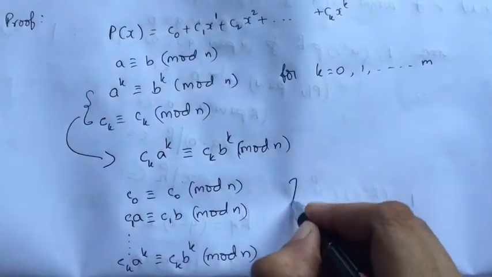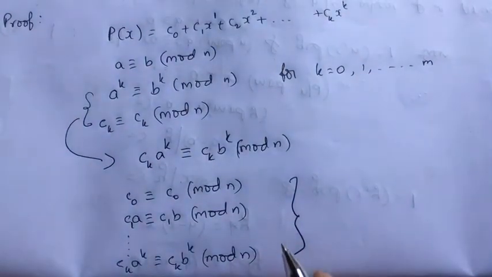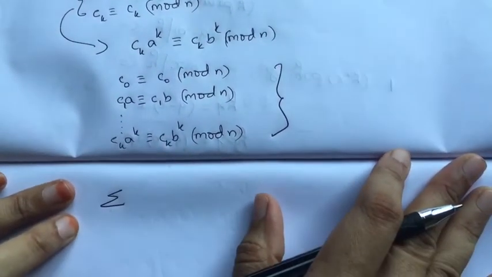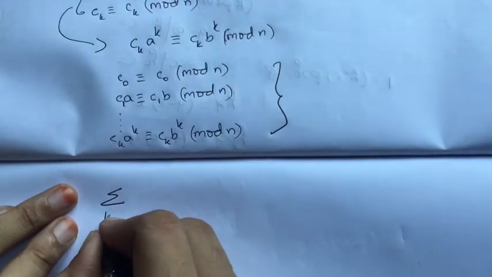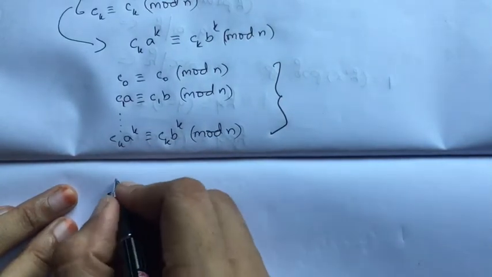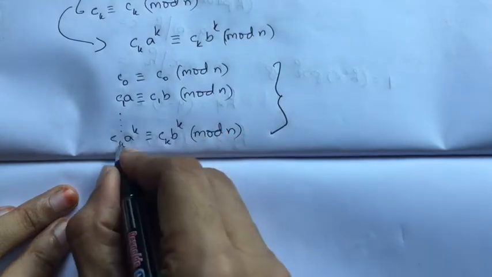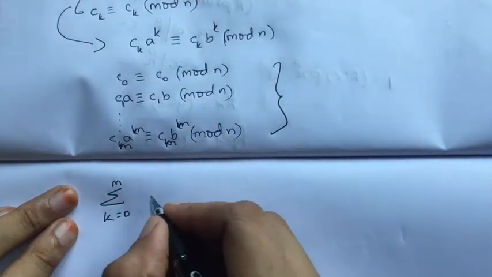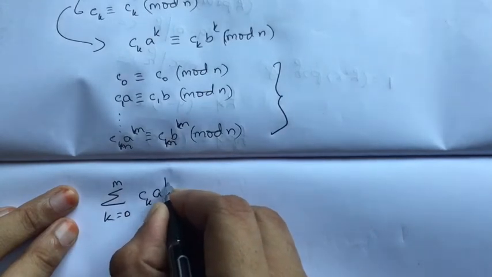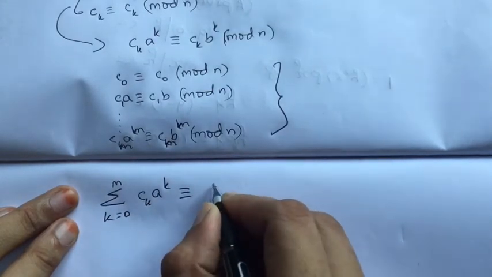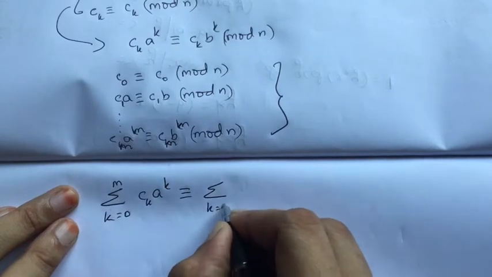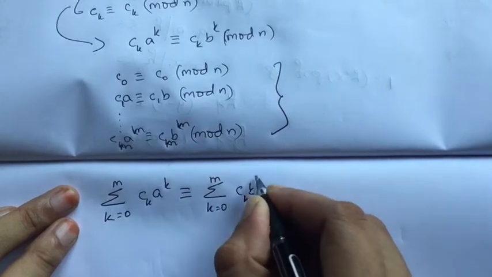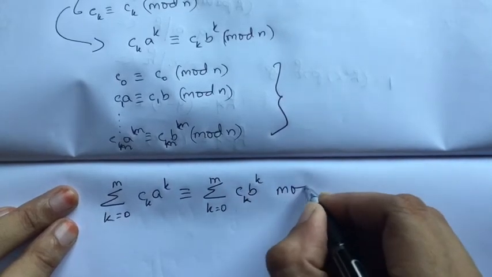So I'll add up all this, and I'm getting the summation, k ranging from 0 to m, in fact this has to be m, of ck a power k is congruent to the summation k ranging from 0 to m of ck b power k mod n.